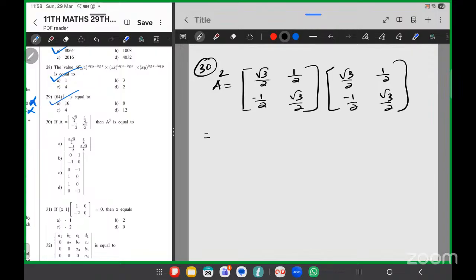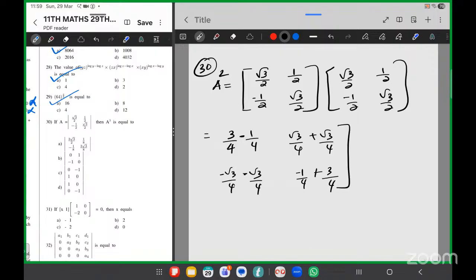Root 3 by 2 into root 3 by 2 becomes 3 by 4 plus minus 1 by 4. Then root 3 by 4 plus root 3 by 4. Here it is minus root 3 by 4, minus root 3 by 4. Here it is minus 1 by 4 plus 3 by 4. Minus 1 by 4, 3 by 4. This is A square.